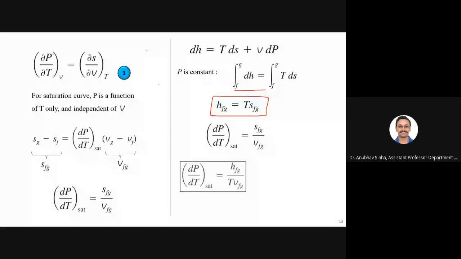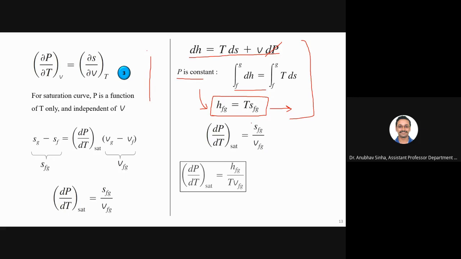This is one relation, and now we are talking about another; we are just concerned with this and deriving this. If I say pressure is constant, this whole term is gone, and I integrate. So this is what we have, right? Yes, sir.